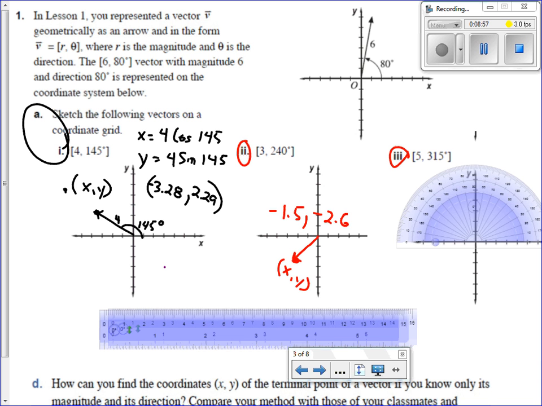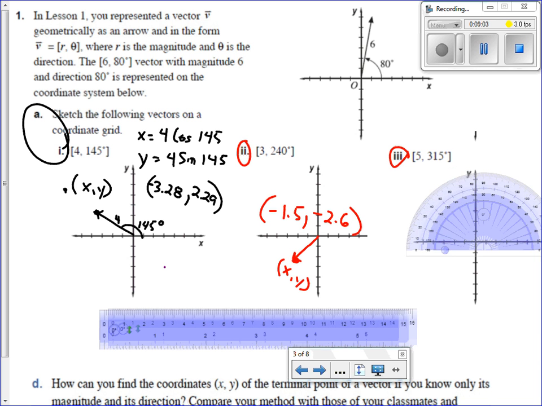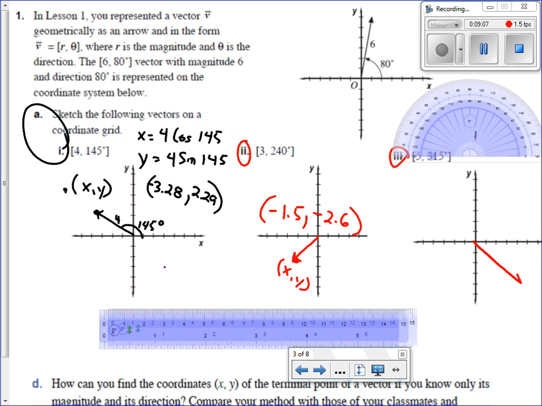Checking your work on this one. 315, 5 centimeters. Down about there. X comma y. X comes out to be 3.54, comma y, and negative 3.54.